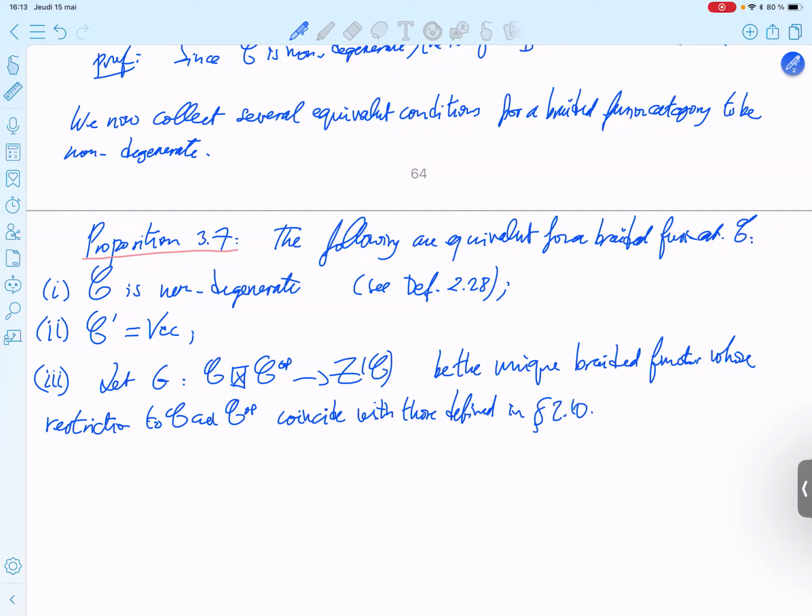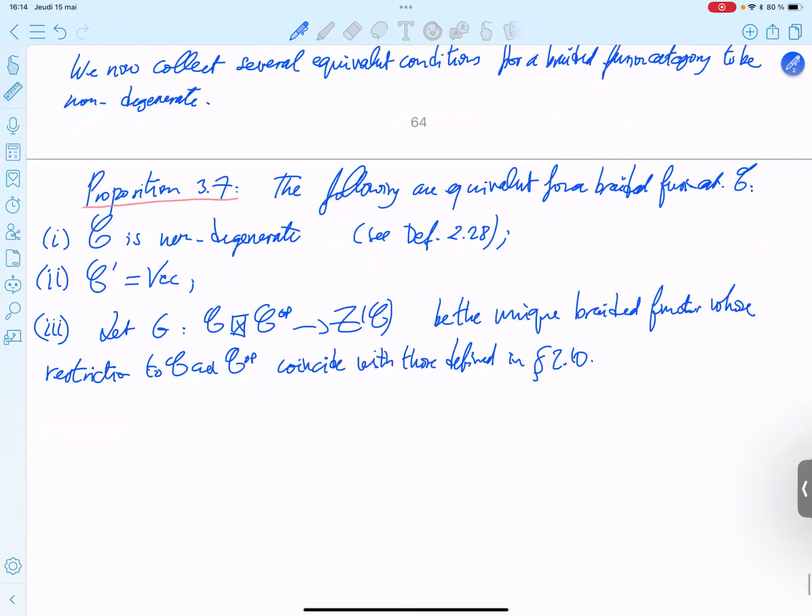Don't worry, because in the proof of this proposition we will recall how C and C op embed into the Drinfeld center.